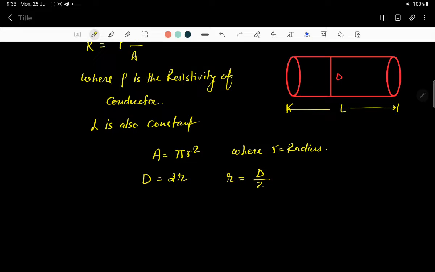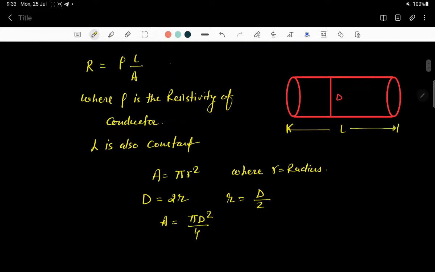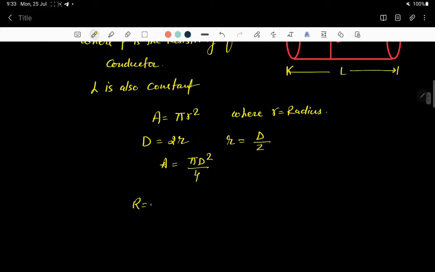When we put this in and find the area, A becomes pi d squared upon 4. Put this value in this equation, so we have R is equal to rho into 4 into L upon pi d squared.